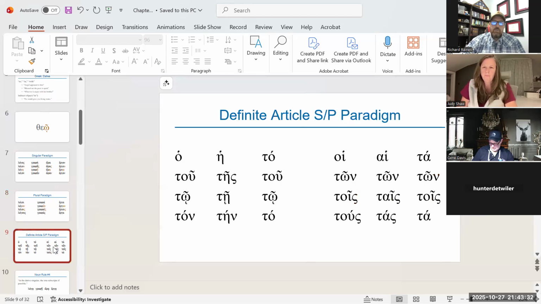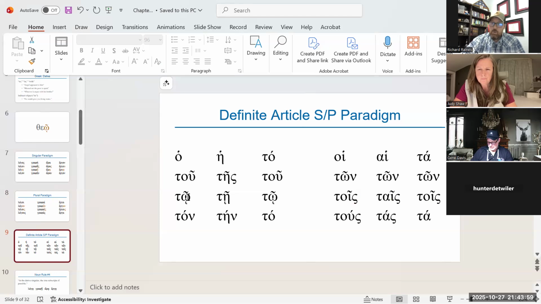The definite articles. Here's a definite article, singular and plural paradigm. This is every case you would find the definite article in. So if you saw the words ho logos, that's the word. Tou logou, of the word, genitive, right?